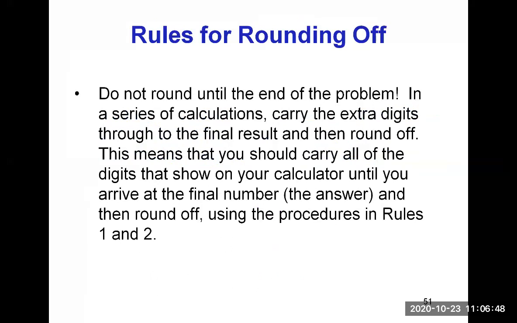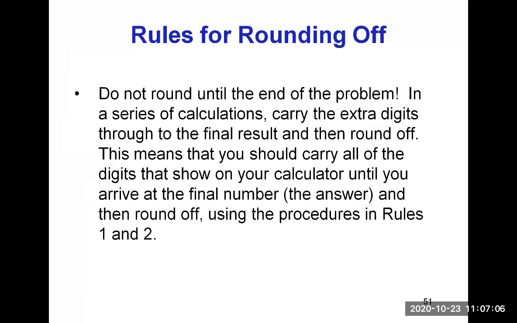So when you're doing calculations, typically you may have several calculations to do before the final answer. And it is very important that you do not round until the end of the problem. This is important because it may change the final answer.